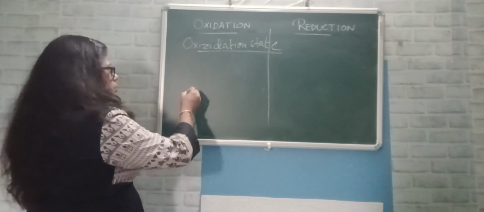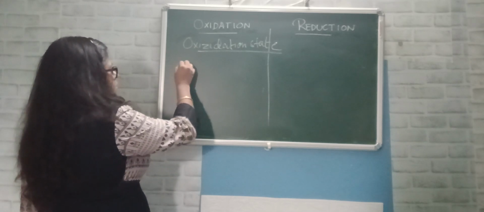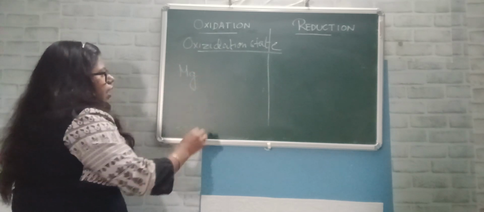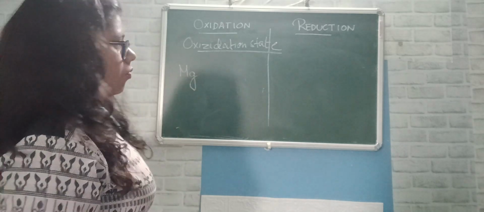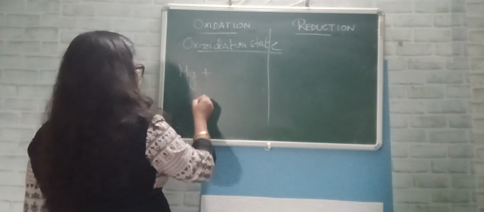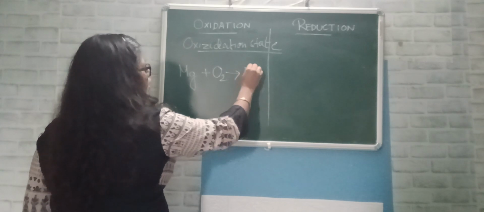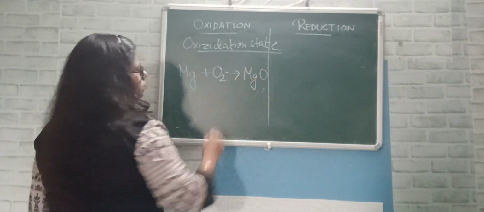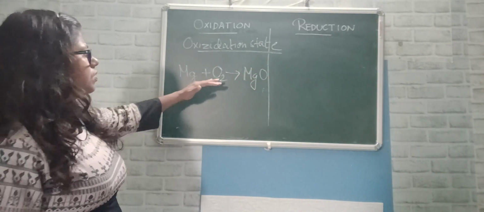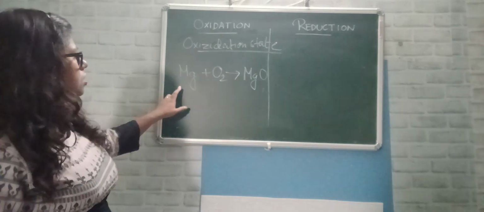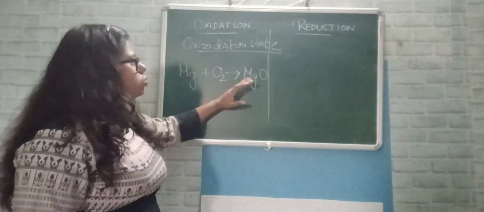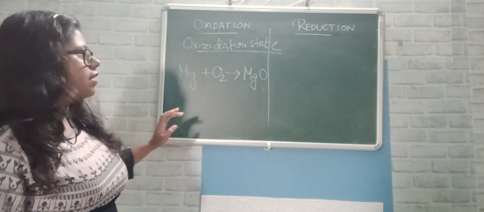If I give you one reaction, Mg plus O2 giving us MgO. So this is one reaction where magnesium is reacting with oxygen to give us magnesium oxide.